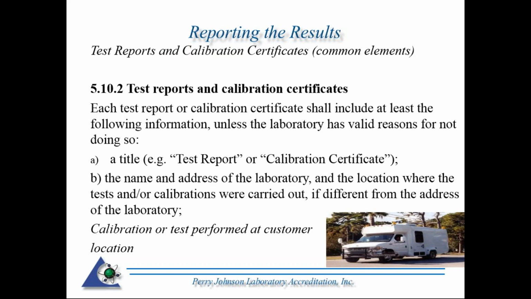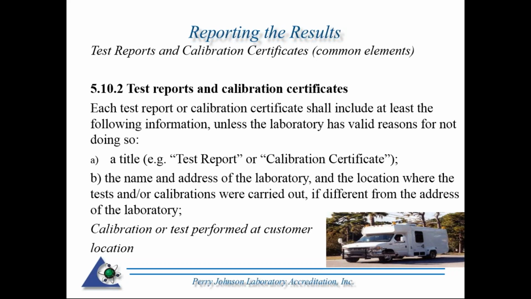Continuing with common elements for test and or calibration reports and certificates. Each test report or calibration certificate shall, and I probably mention it at every webinar I do, a shall is a must, so that is a requirement. Shall include at least the following information unless the lab has a valid reason for not doing so.